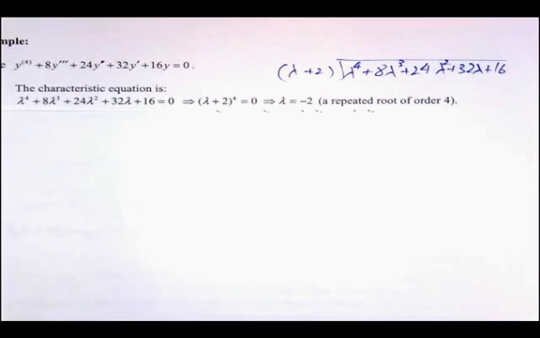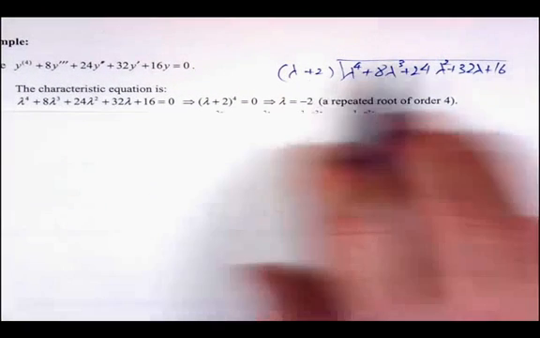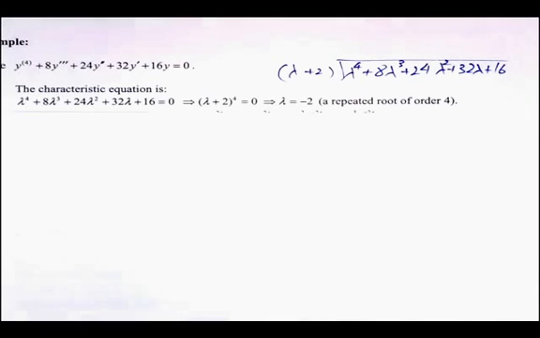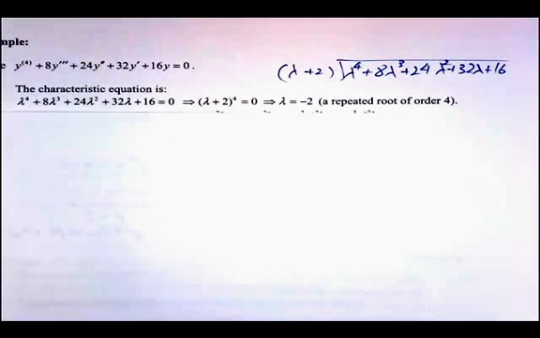And then having divided the 2 into the 16, that cubic would have ended in 8. And you would have looked at the factors of 8. And the minus 2 would have worked there again. So you would have done the minus 2 into that cubic, and then you would have seen it came out as a quadratic.